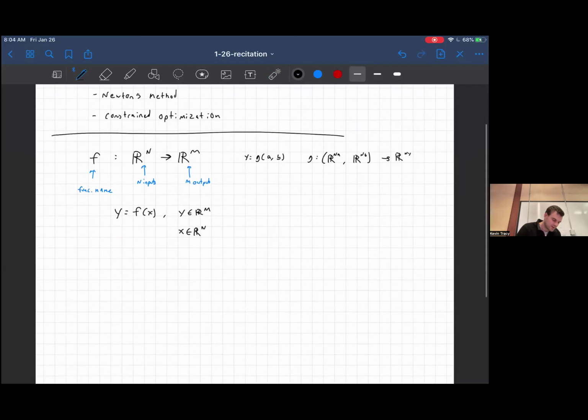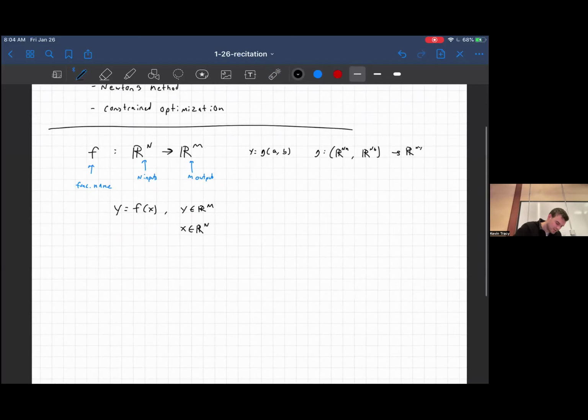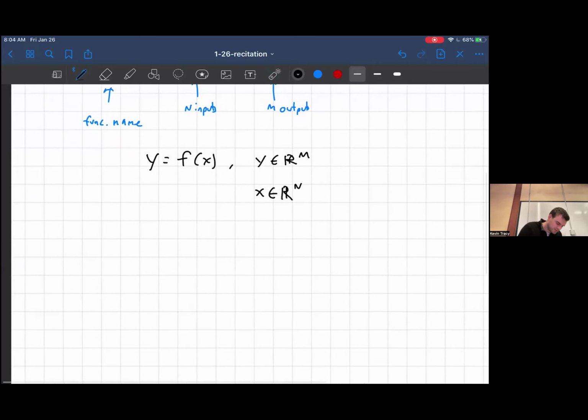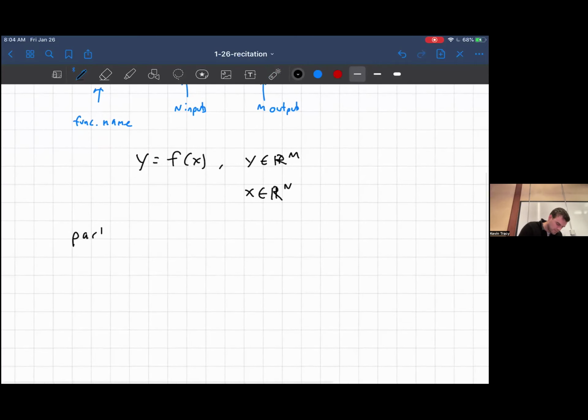So anyways, let's talk about the derivatives of this function and what we care about. So very specifically, let's talk about partial derivatives. Partial derivatives is just del over del, del in LaTeX.